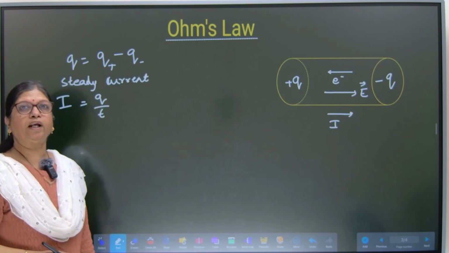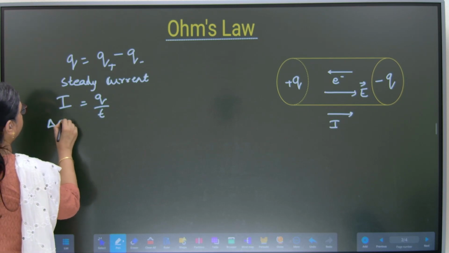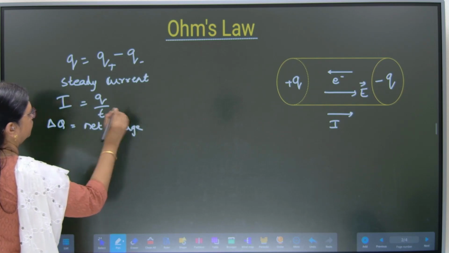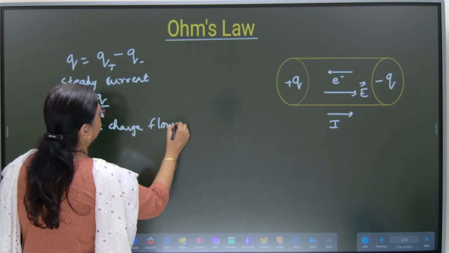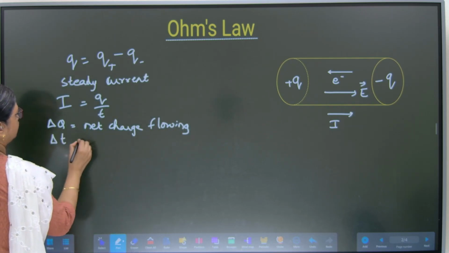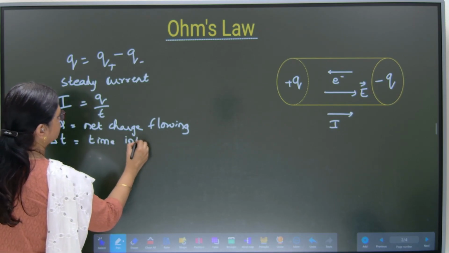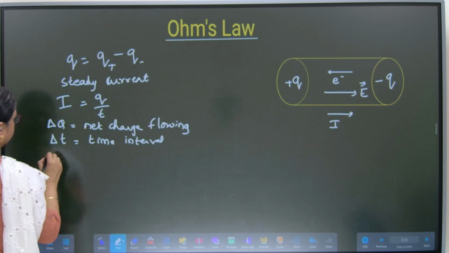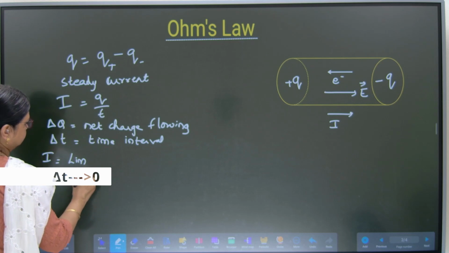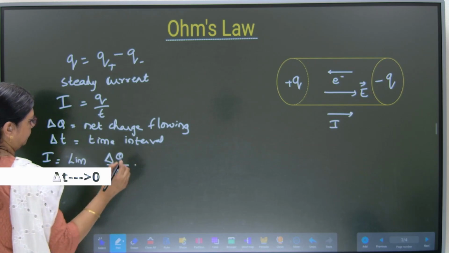Fine. So now we define the current. We consider delta Q is equal to the net charge flowing through the cross section of the conductor in a time interval of delta t, such that the current is given by the limit of delta q upon delta t.